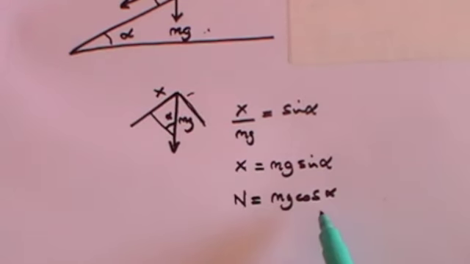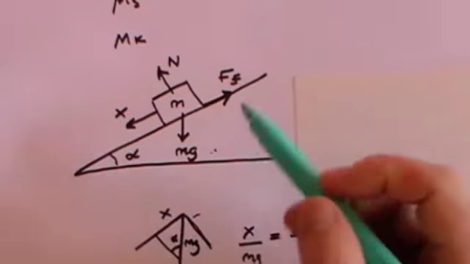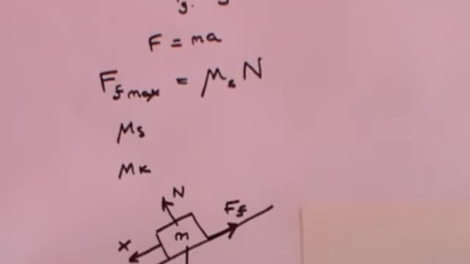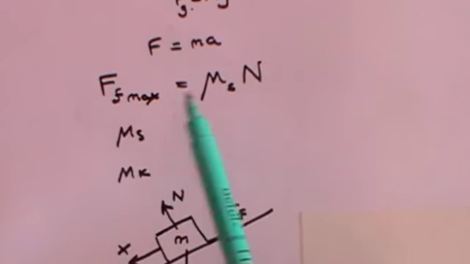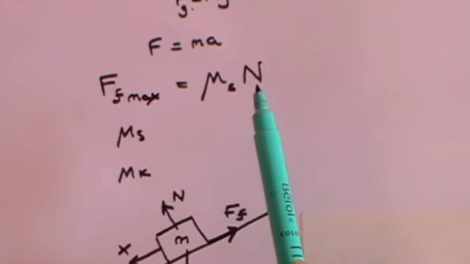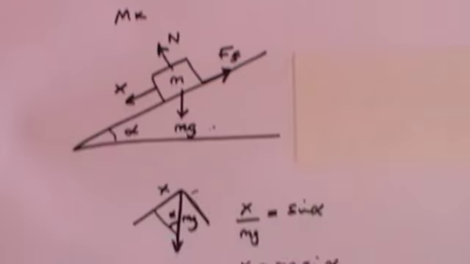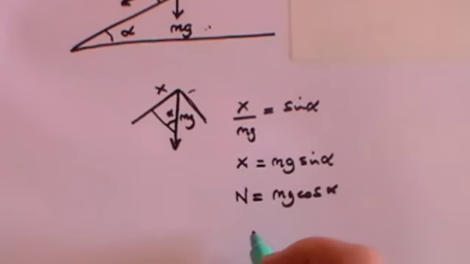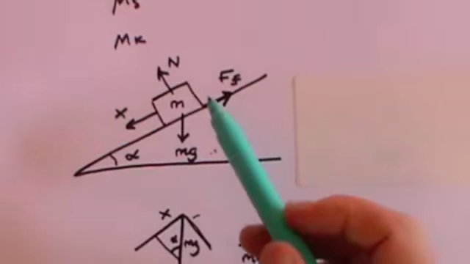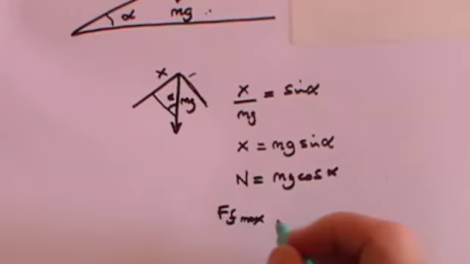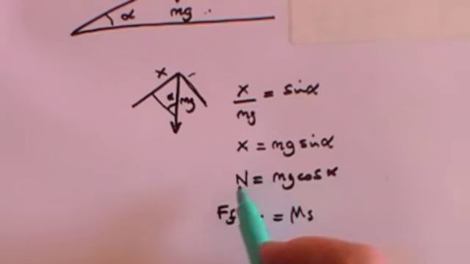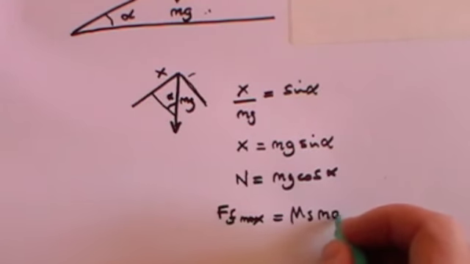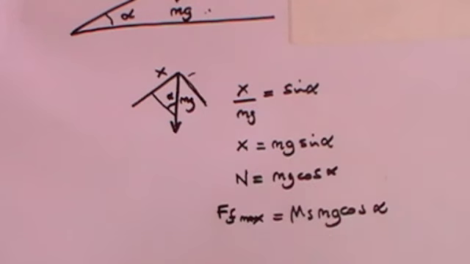So n is mg cosine of alpha, which means that the frictional force acting upwards is, from what we showed before, the maximum frictional force will be the mu static times the normal force. And since the normal force is mg cosine alpha, that means that the maximum frictional force acting up the plane is going to be mu static times n, which is mg cosine of alpha.